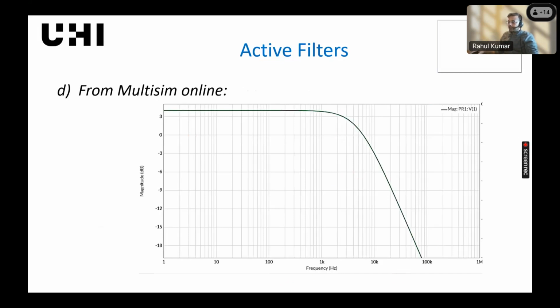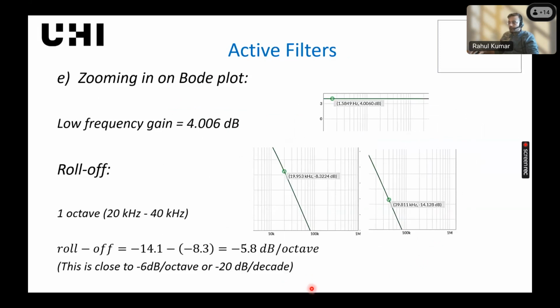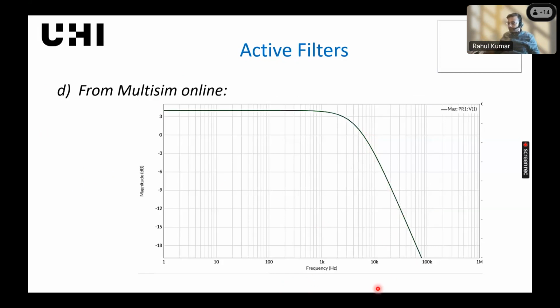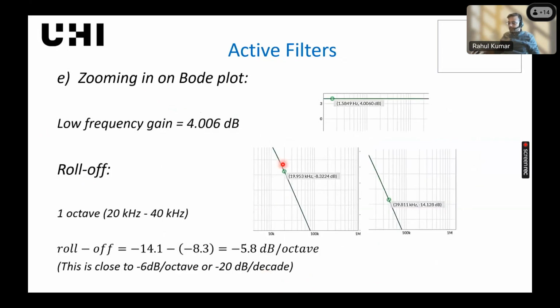And this is the Bode plot from Multisim. Now again, we can verify the value. We can calculate the roll off from the Bode plot, right? You can select a value and then go down double that frequency to get your slope or roll off in dB per octave, or you can go down 10 times.